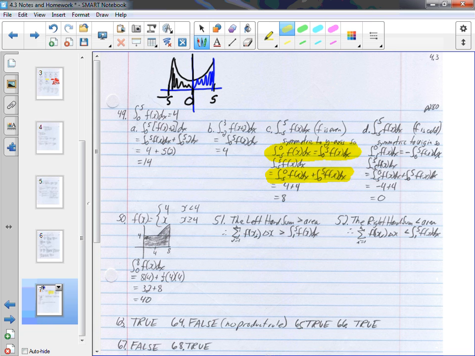And they told us what the integral from 0 to 5 is. We figured out the integral from negative 5 to 0 is equal to it, and then we add. Opposite sign comes in when you flip the limits, but I didn't flip the limits of integration.